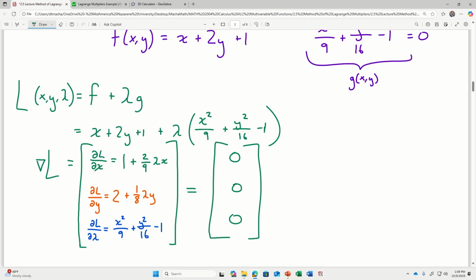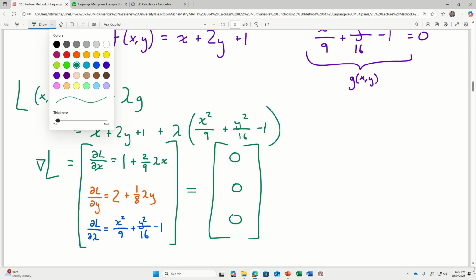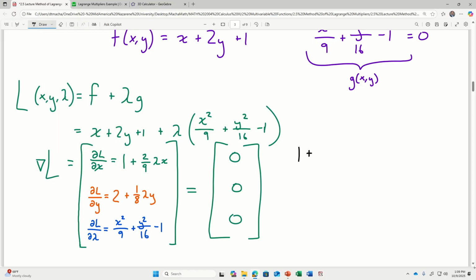So I get a system of equations. My system of equations looks like 1 plus 2/9 lambda x is equal to 0. The second equation is 2 plus 1/8 lambda y is equal to 0.